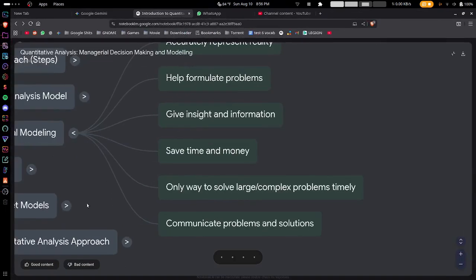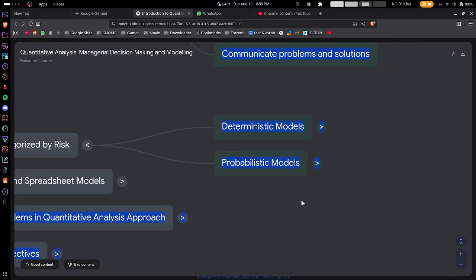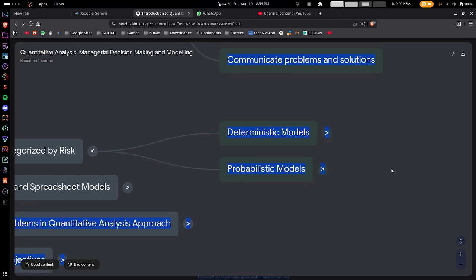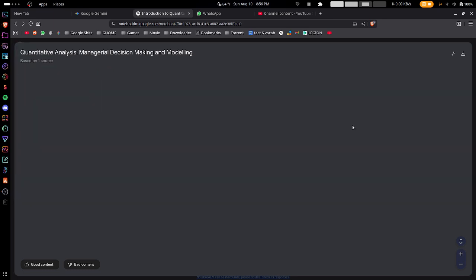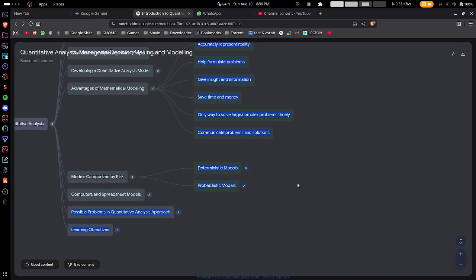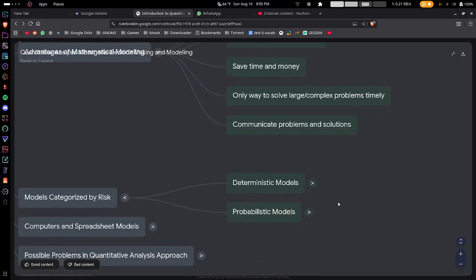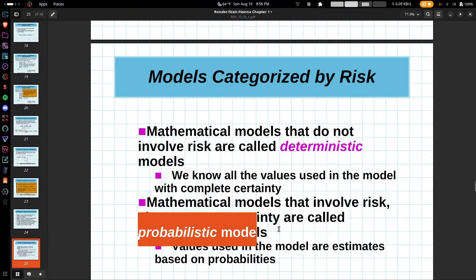Models categorized by risk. So, deterministic model and probabilistic model.